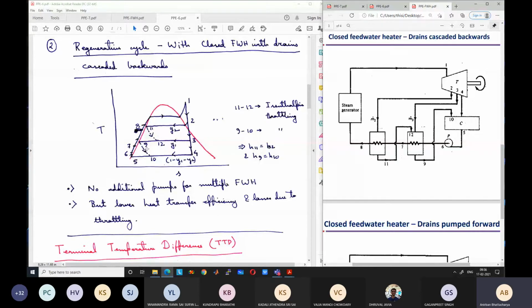The feed water goes from 6 to 7. The steam goes from 3 to 9. So what will be the energy balance in this feed water heater in terms of enthalpy values? Can you tell me? Anyone?